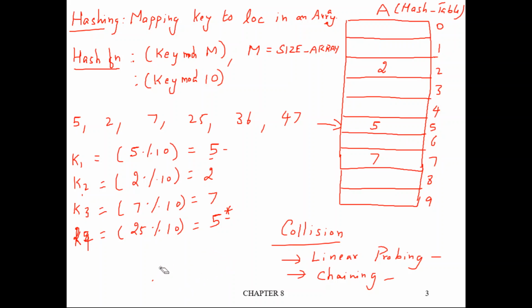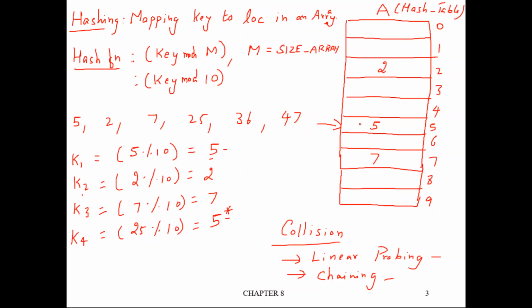Now what we are going to discuss is how this collision will be handled by using linear probing. When we try to map key 4, it is mapping to the fifth location, but the fifth location already contains some other value. So this is called a collision. Now where to map key 4?